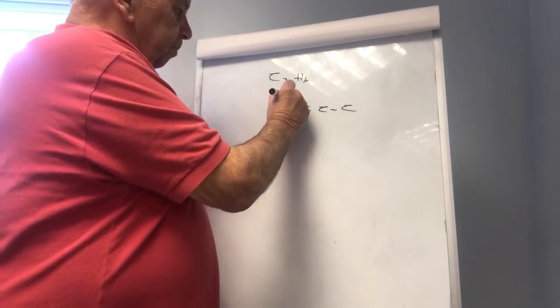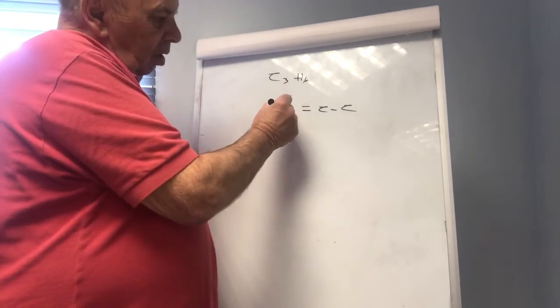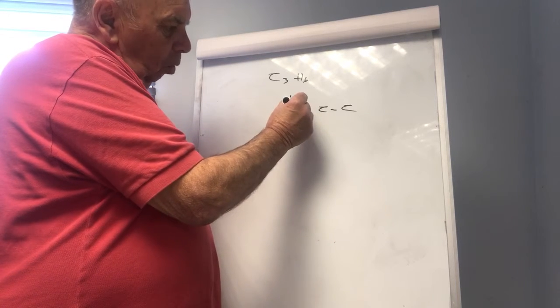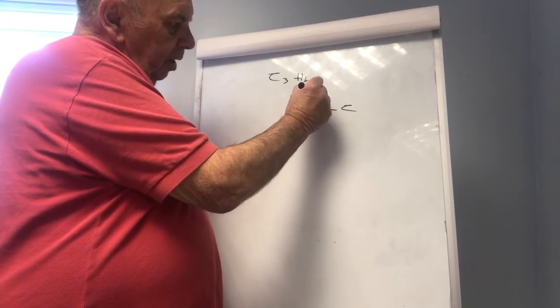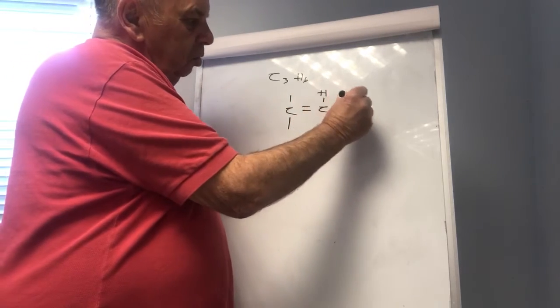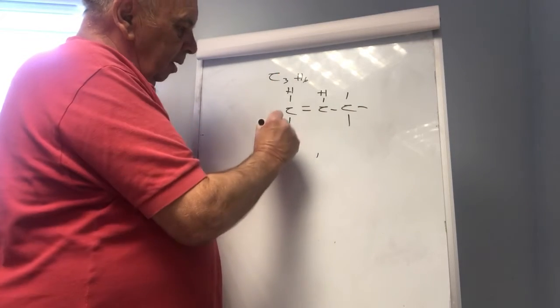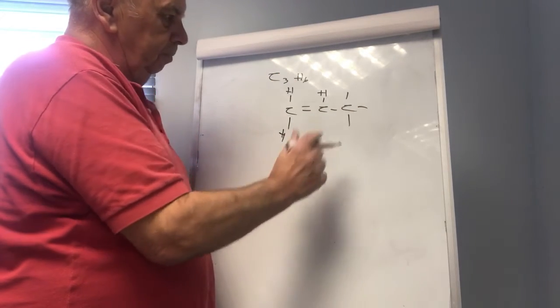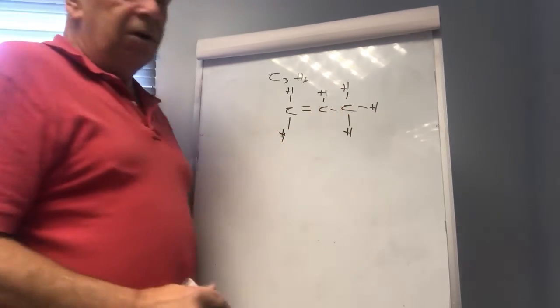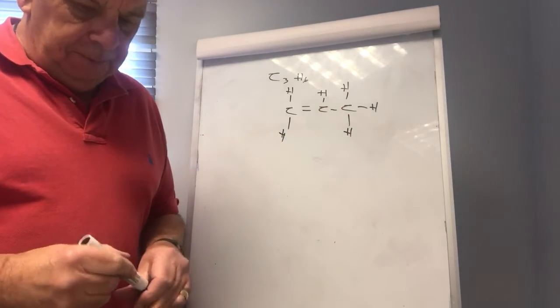Adding hydrogens so each carbon has 4 bonds, let's draw it out. That would be the structural formula of propene.